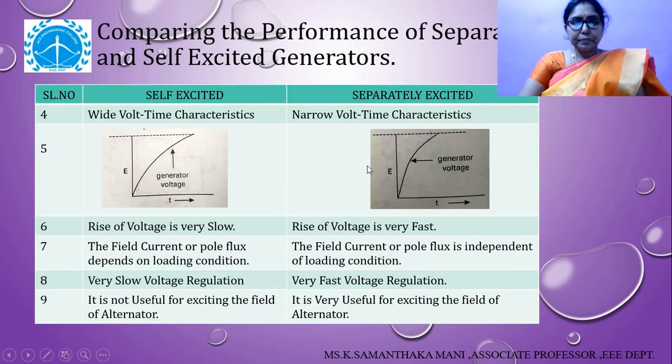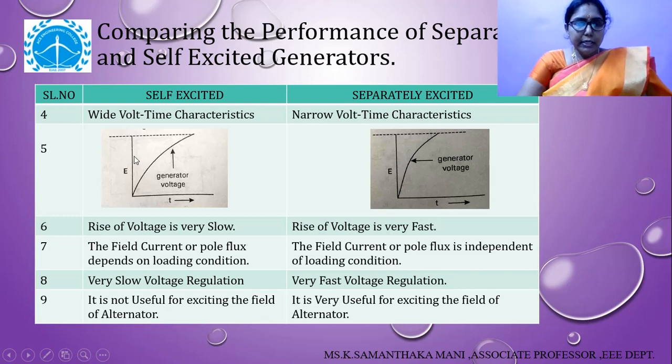Next, coming to the characteristics, the volt-time characteristics. It is a very wide volt-time characteristic for the self-excited generator. If the x-axis is T and the y-axis is E, you can see it is very wide, gradually increasing as time increases.